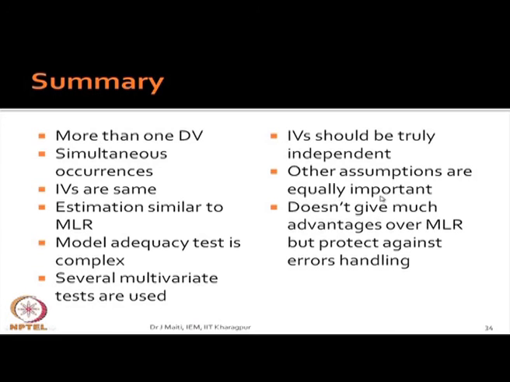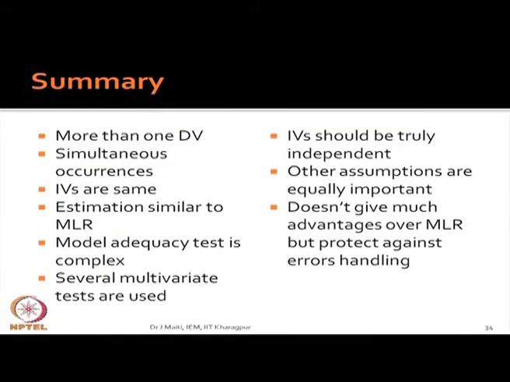So, if you go separately for regression, from the estimation point of view no problem, but from the adequacy test point of view there will be a problem if you go for separate MLR. So, this is the advantage.